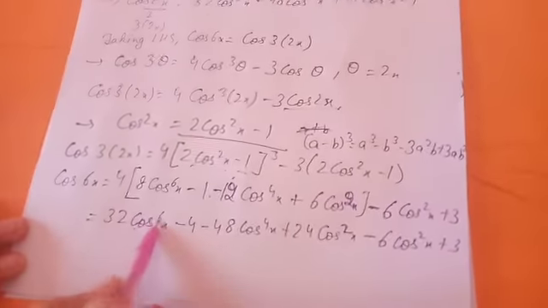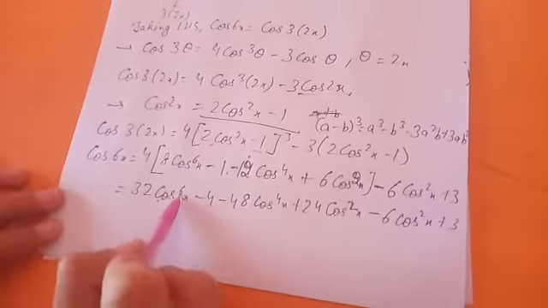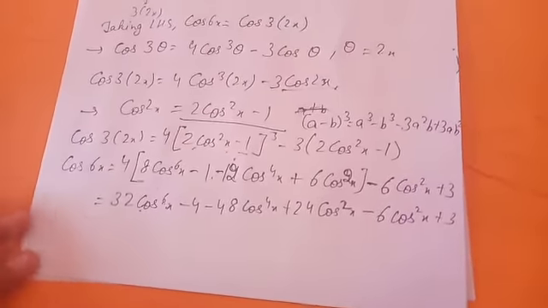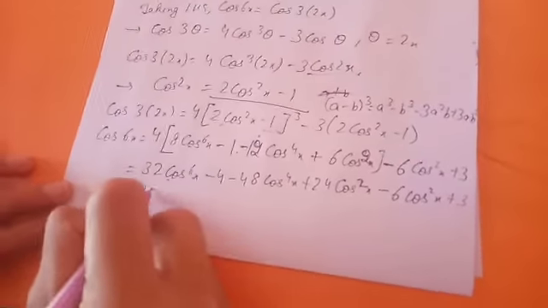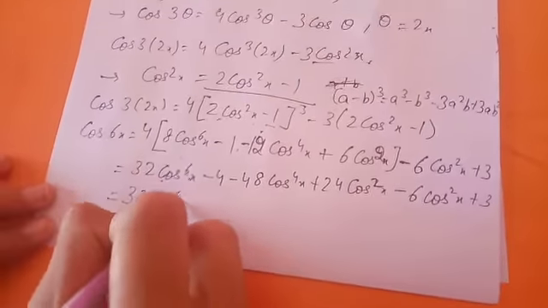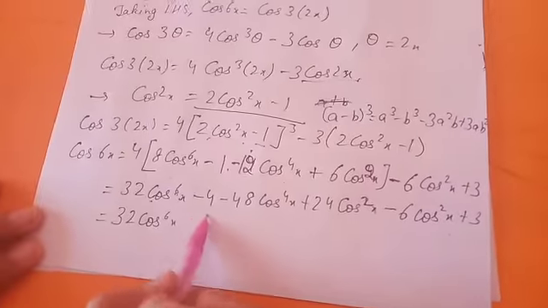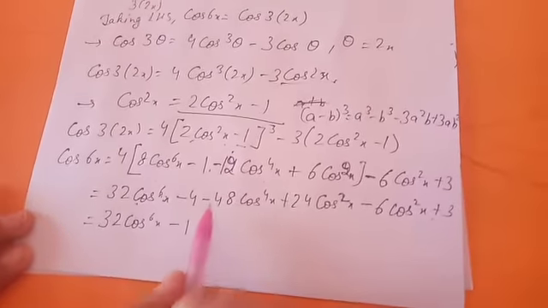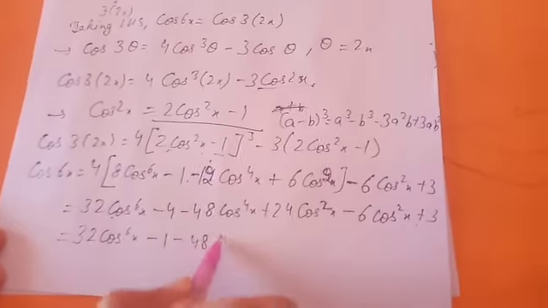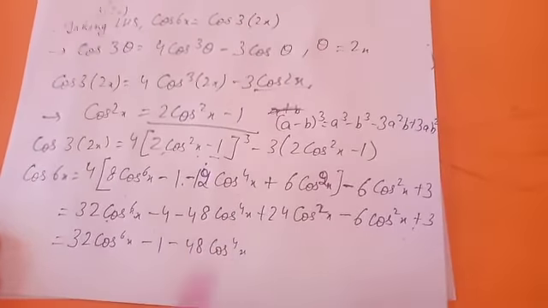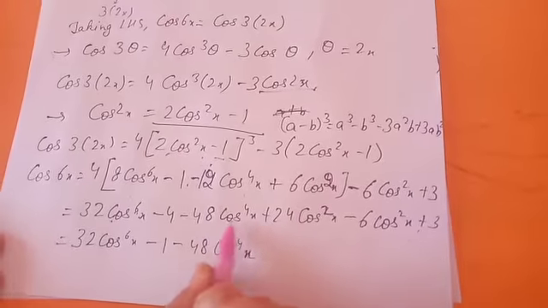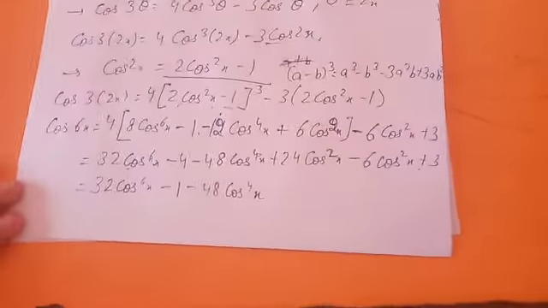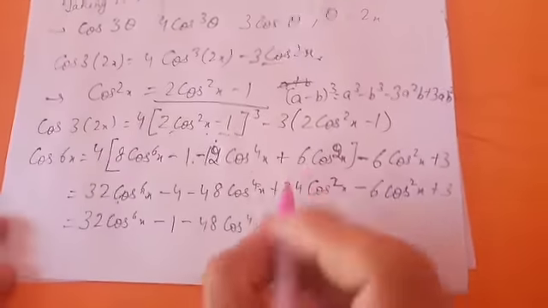Cos x with power 6, no other function, so we write it as it is, 32 cos 6x, minus 4 plus 3 means minus 1, minus 48 cos 4x as it is, because there is no cos function with power 4, so it will be as it is.